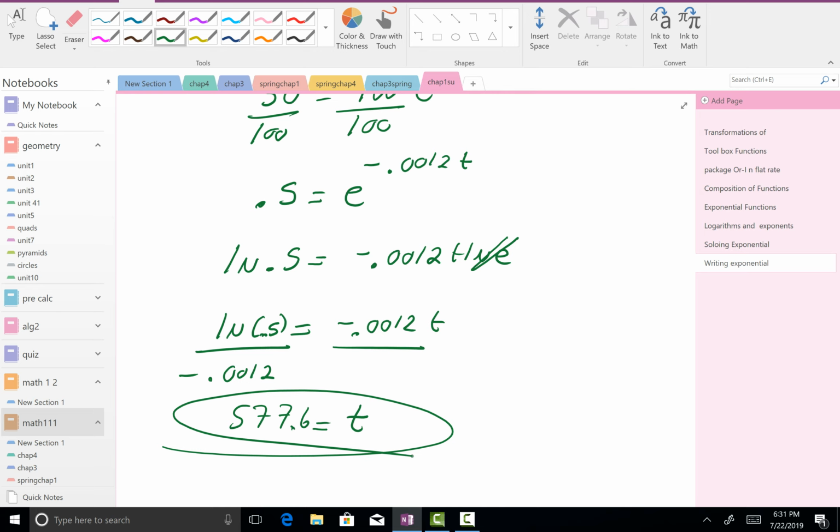So growth has a lot to do with population things. Obviously, anything that grows, you know, disease, sickness, that kind of thing. Any population is going to grow. All right. Decay. There are some good problems with decay. One of the things they talk about is radioactive decay. You guys have probably seen how they measure how old a bone is because of the radioactive decay and the half-life of carbon dating.